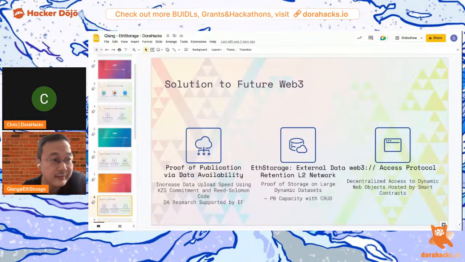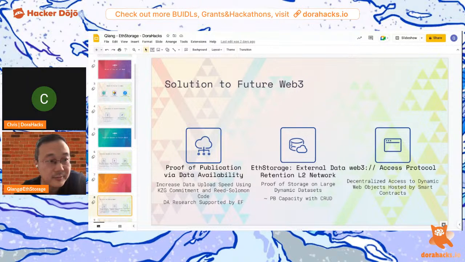Thanks to the development in Ethereum technologies, we believe that we are now in a position where we can achieve those goals soon. First of all, we have data availability thanks to danksharding, which greatly increased the data upload speed using advanced cryptographic primitives.